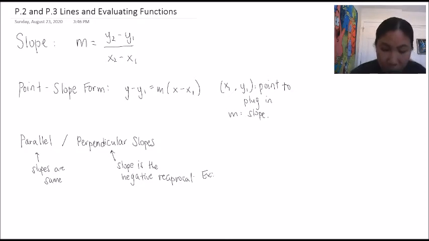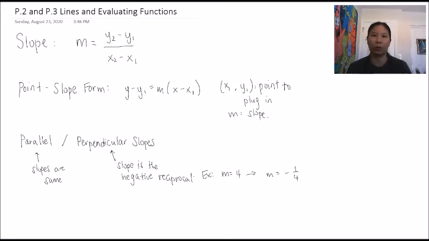So for example, if the slope was 4, then the new slope would turn into negative 1 over 4. Reciprocal just means you're flipping it into that fraction form.